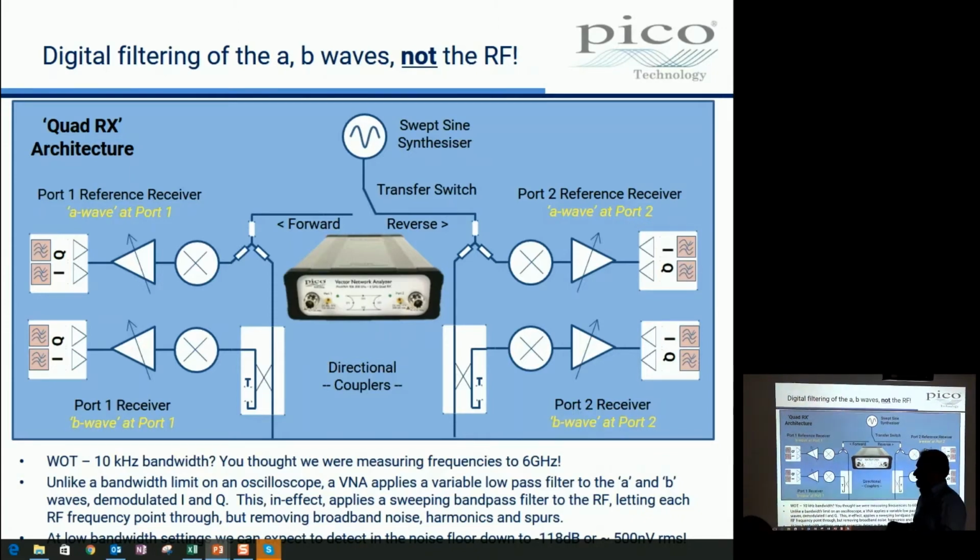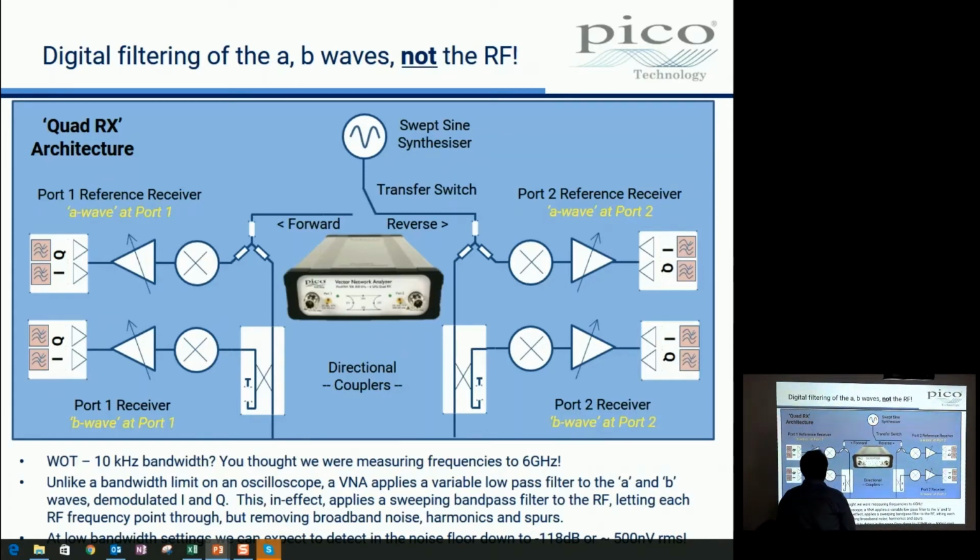Because this isn't an oscilloscope, this is a frequency domain product, and it has a very, very important part in its architecture, the mixer. The mixer is in the receiver, and when I tune, this is what happens. Let's pan around to the board here.